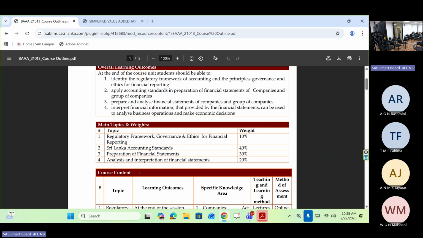LKAS 38, right? So definition done now. An identifiable asset without physical substance is called an intangible asset. Right? Examples.